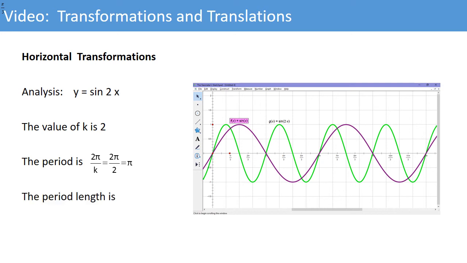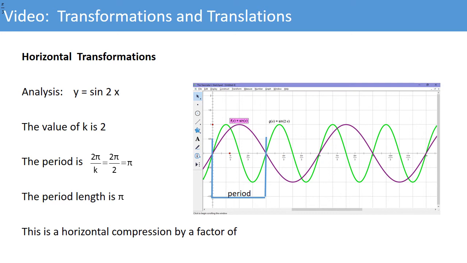The period length is pi, shown in blue. This is a horizontal compression by a factor of 1/2.